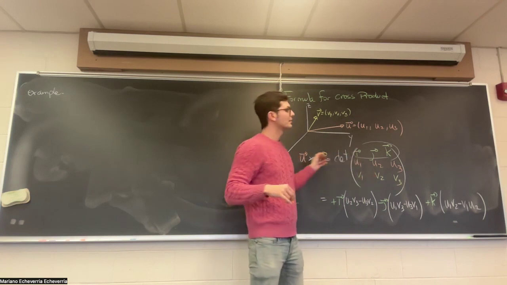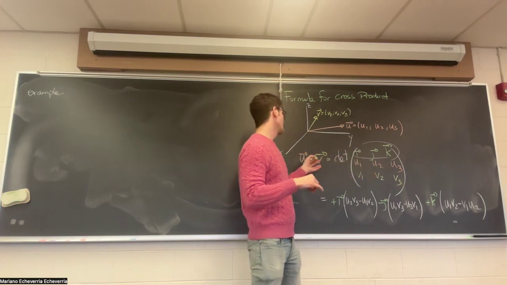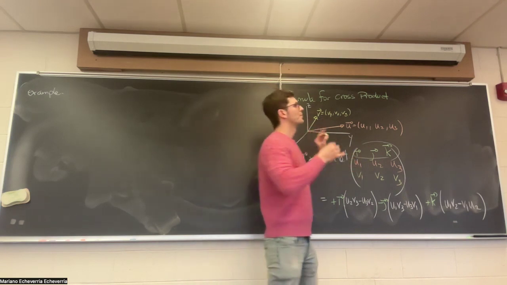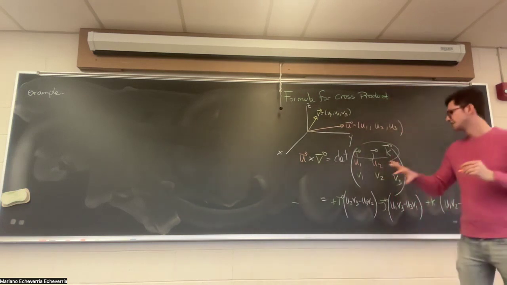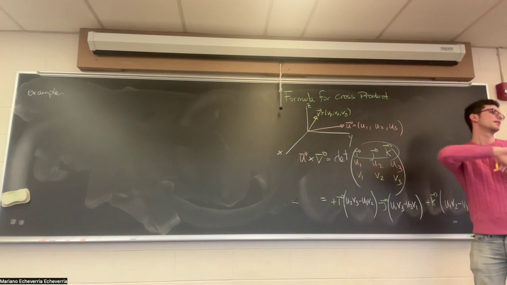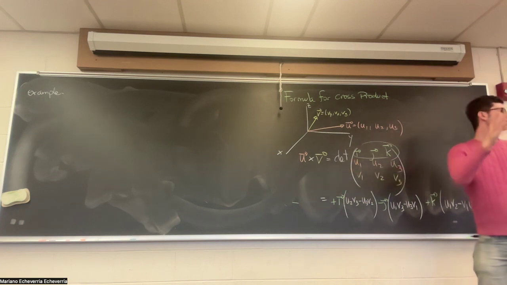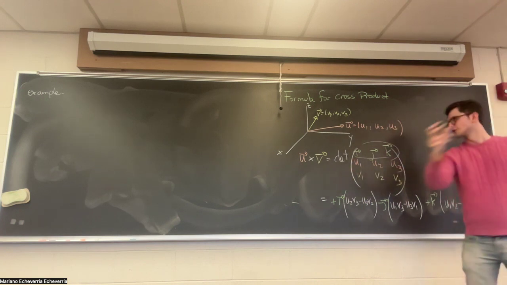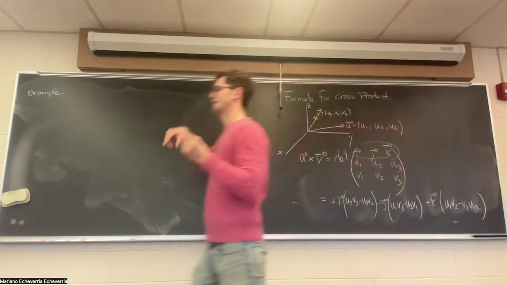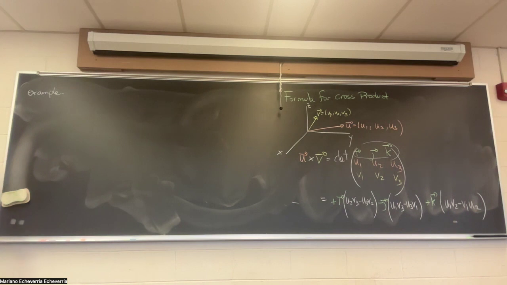So the positions in which they appear in the matrix depend on how you wrote it. There are properties of the determinant: if you swap 2 rows, the determinant gets multiplied by -1, and that's related to swapping the factors here. The order in which they appear gives you a minus in the formula, U cross V is minus V cross U.